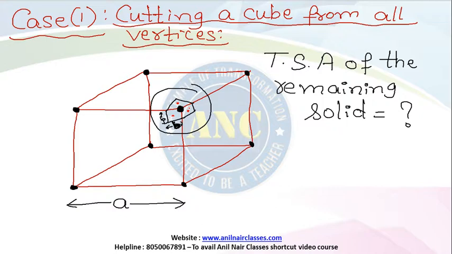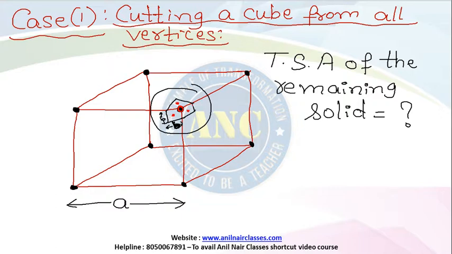If I remove the cube from a corner, which is nothing but the vertex, how many surfaces will it touch? It will touch 3 surfaces. That is what I have marked. This is one of the surfaces, this is the other surface, this is the other surface.